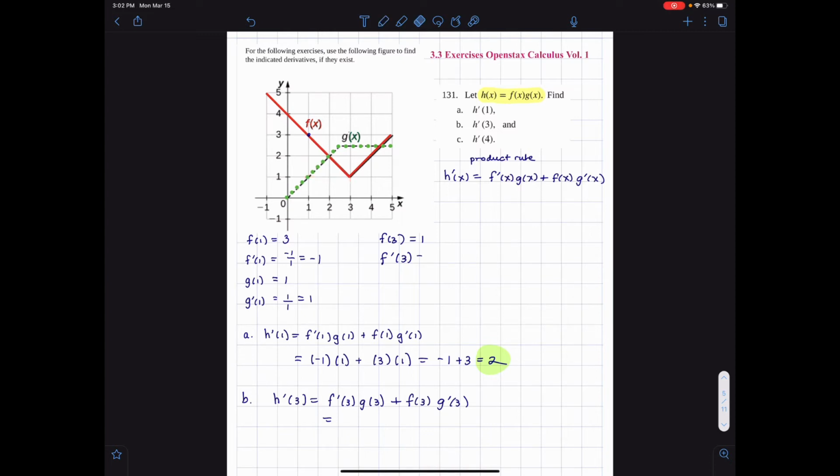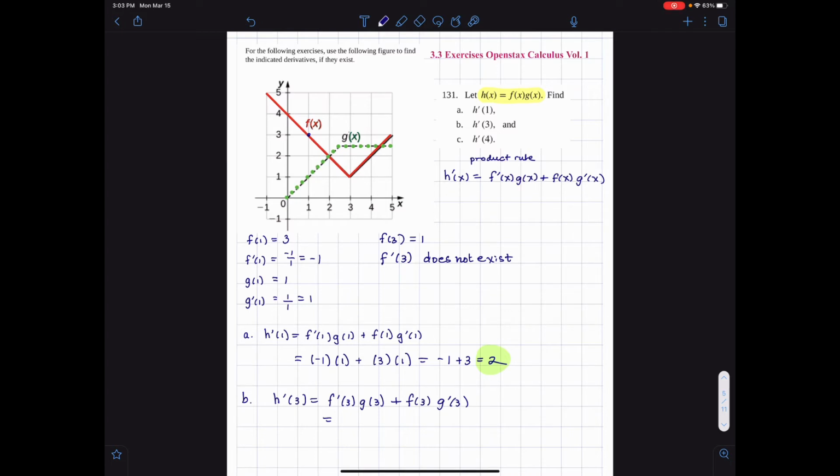Why is that? Because the graph has this sharp edge. Some textbooks call that a kink. A sharp edge. And so it's undefined. Or no, actually, sorry. Undefined is not really the right word. The right word is does not exist. It's not quite the same thing.